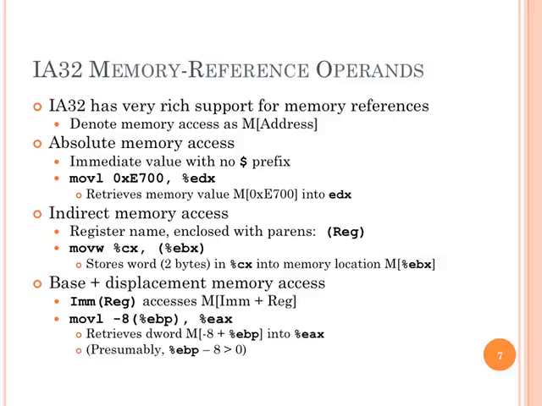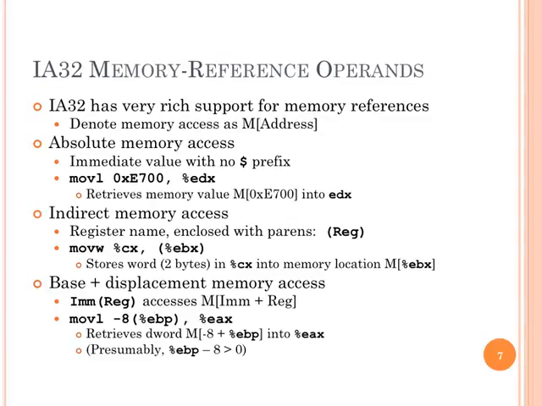Base plus displacement. If I want to have accesses that start at some base address, but then the register says the offset from that base address, then I can do it like this. So there's an immediate value or a literal. Those are basically synonyms, immediate values and literals.